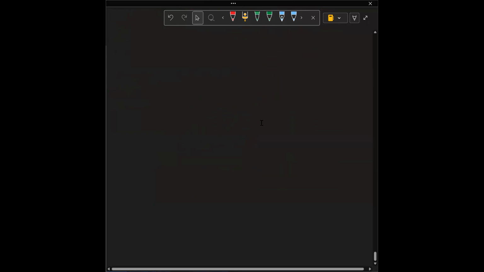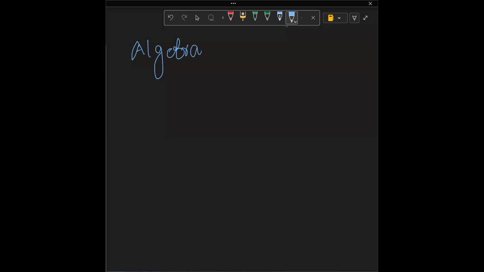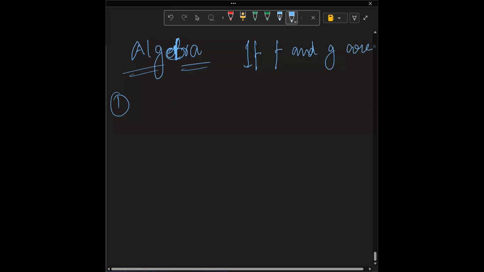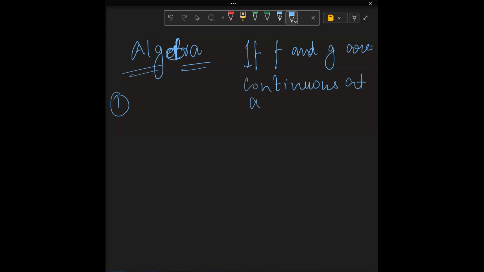Okay, so there is an algebra for some continuous functions। अलजेब्रा होता है हमारे पास, like algebra is the first one, f and g are continuous at a real number, then according to algebra, f plus g is continuous at x equals c.